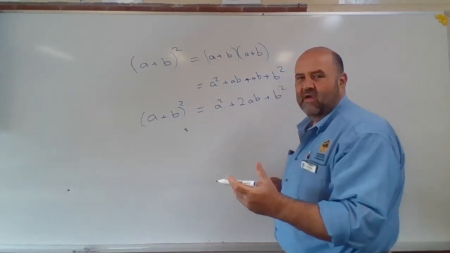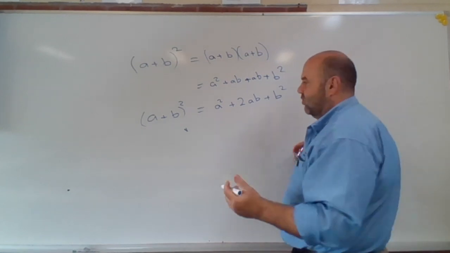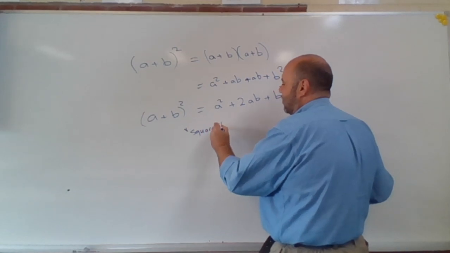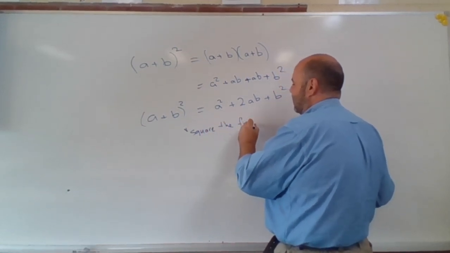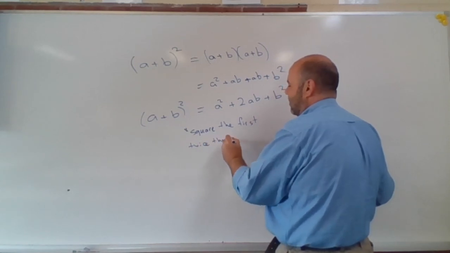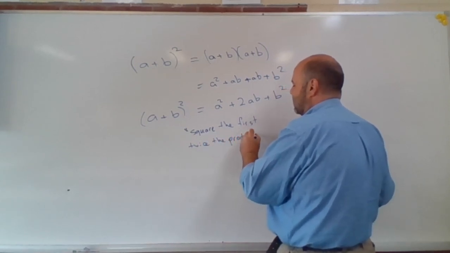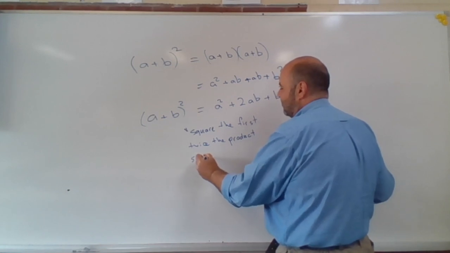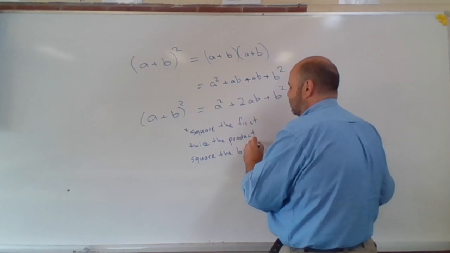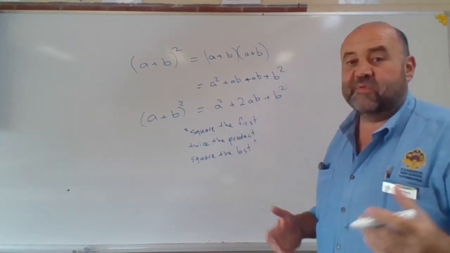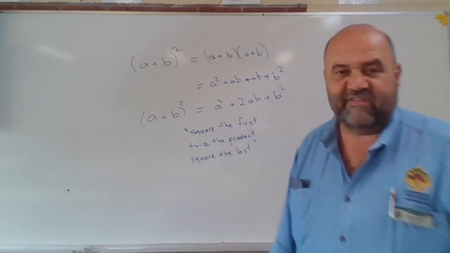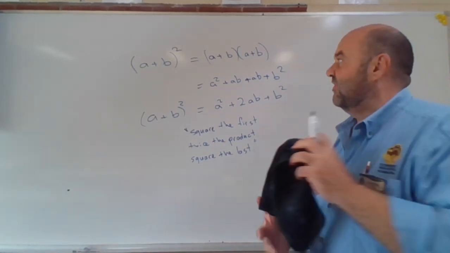If that helps you memorize it, then it's a good way to think about it, and by all means, use that. And it works with positives or negatives. I'll show you an example now with positives and negatives.